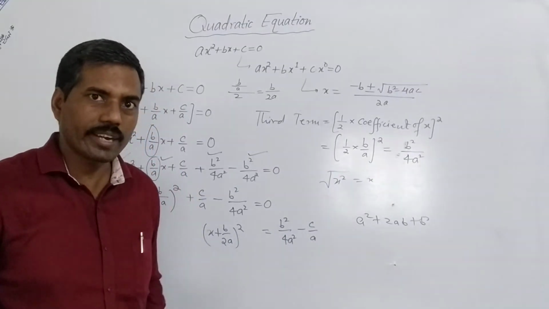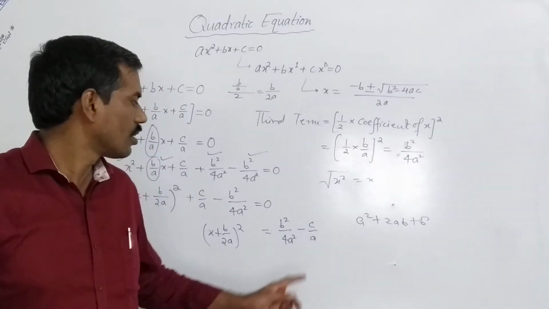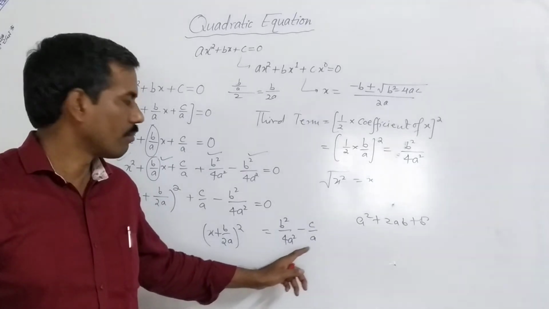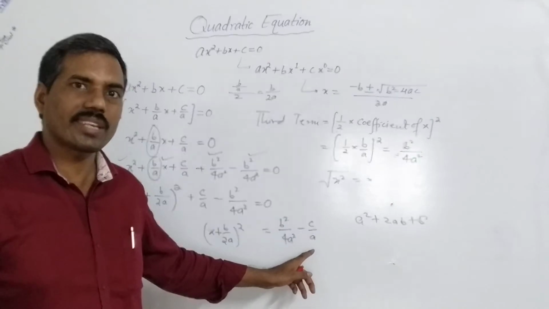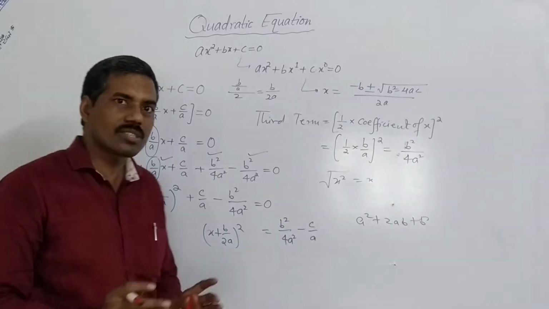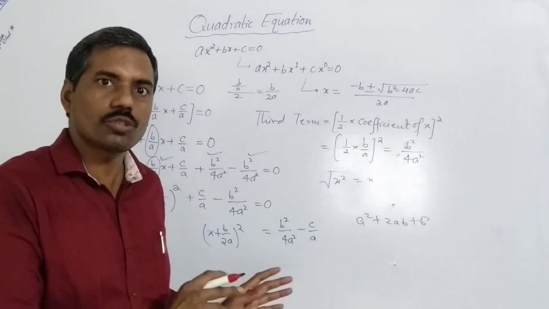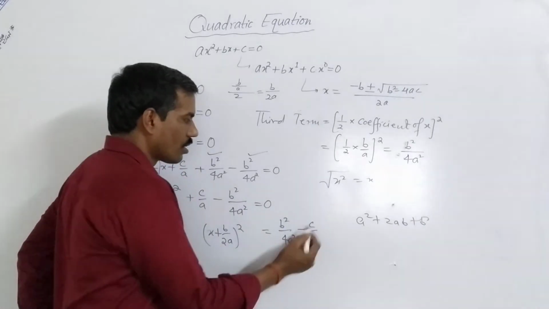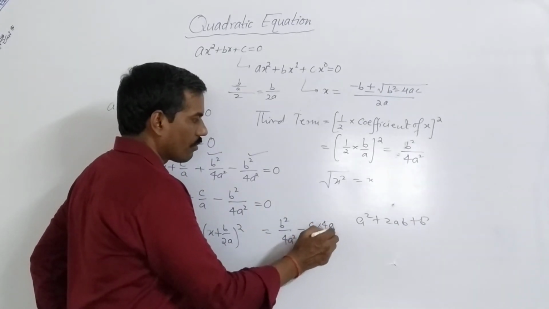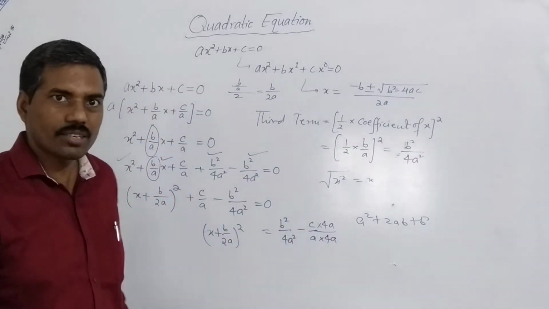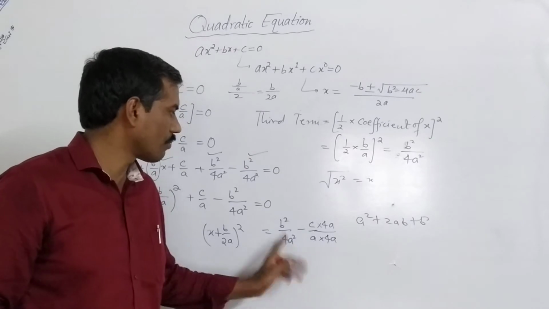The denominator of the first fraction is 4a square, but the denominator of the second fraction is a. For that we have to equalize the denominators of these two fractions, multiplying and dividing by 4a, such that we get 4a square.